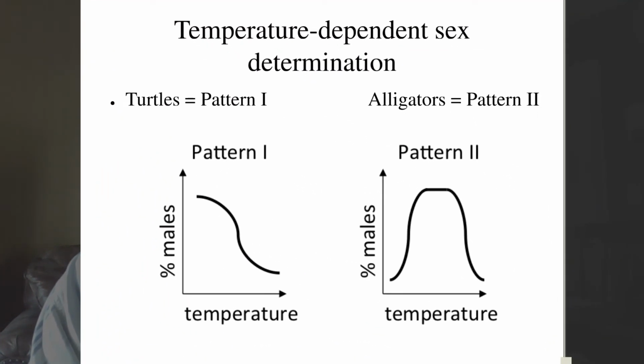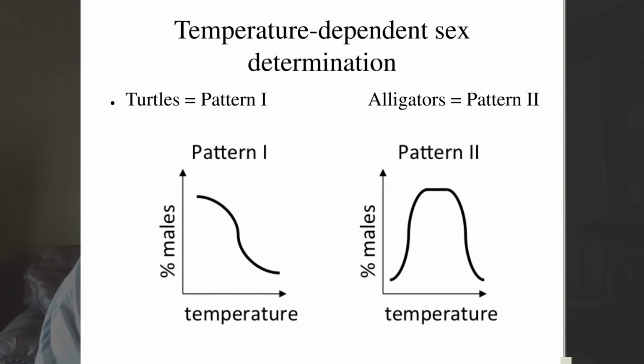A final type we'll chat about here is, of course, temperature-dependent sex determination. This is found mostly in reptiles, and what's really kind of curious about it is there are two different patterns of temperature dependency. The first to be observed was in turtles, where low temperatures increased the percentage of eggs that hatched as males.